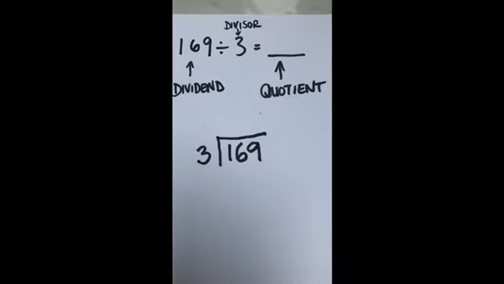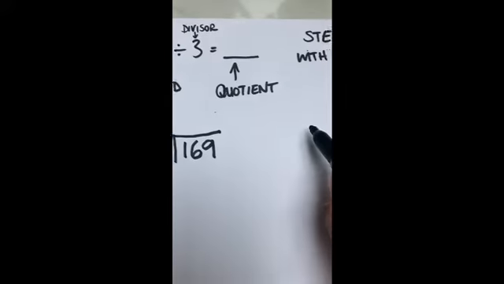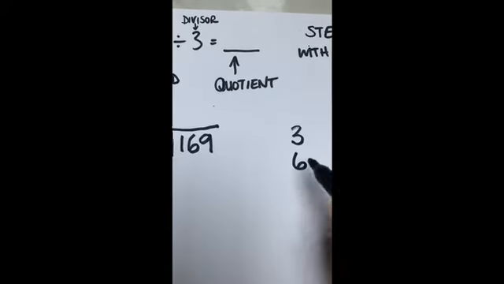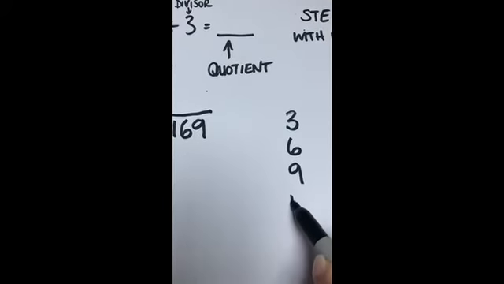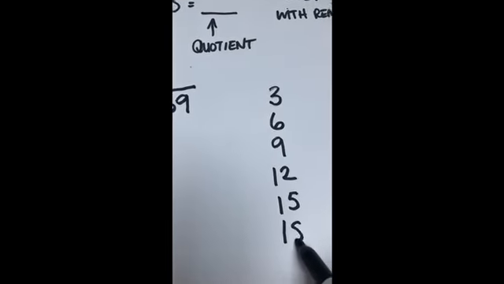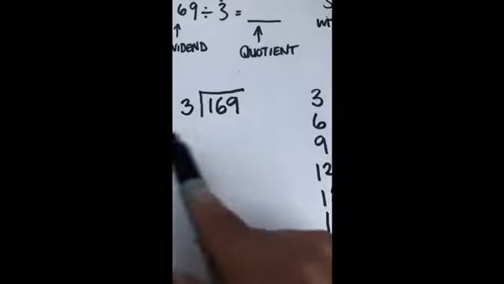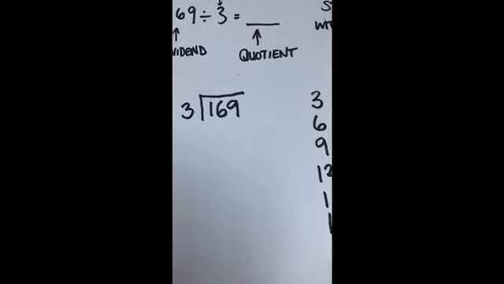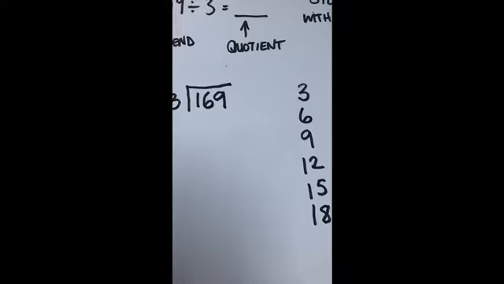The next thing we do is use the divisor to write a fact box. So this is our 3 times table: 3, 6, 9, 12, 15, 18. Again, I only go so far because we're only dealing with the digits one by one, we don't need to go too far, but we can always add on to that should we need it.